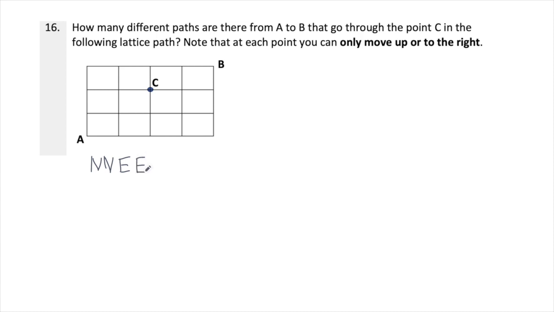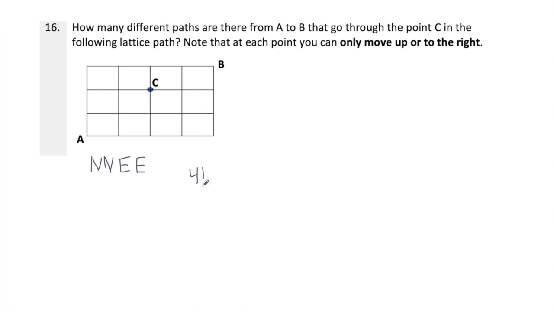To find the number of ways to go from A to C, we have to figure out the number of unique combinations of 2 N's and 2 E's. We can do that by finding the total number of combinations first, and then removing the repeated combinations. There are 4 things, so the total number of combinations is equal to 4 factorial.